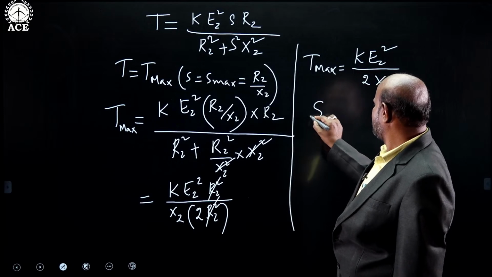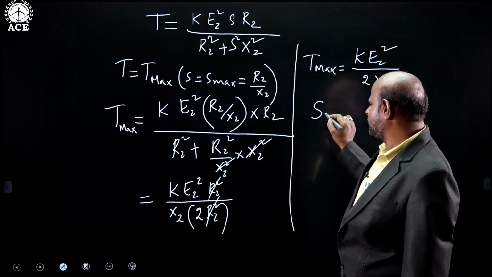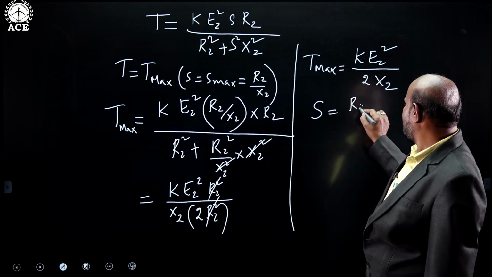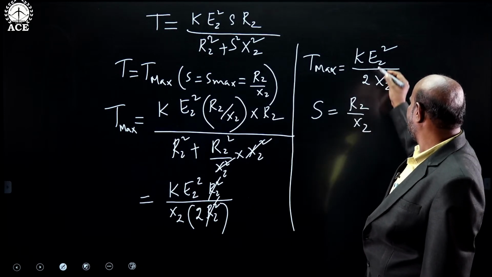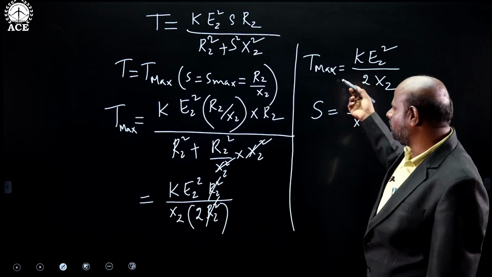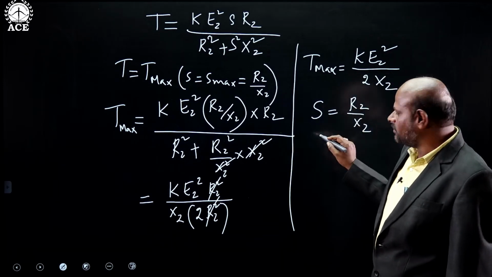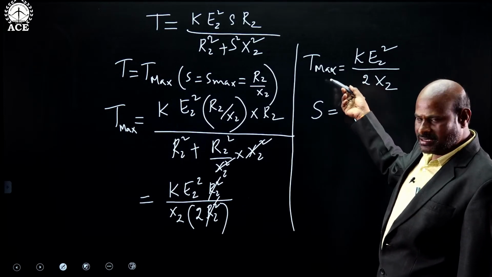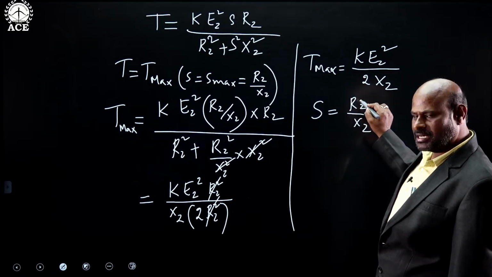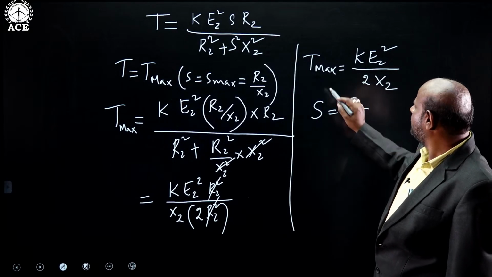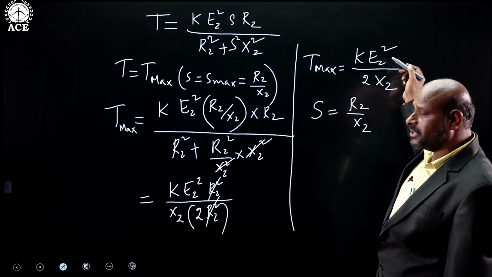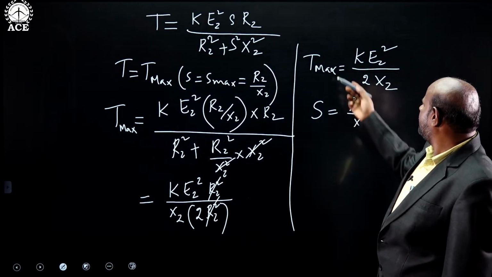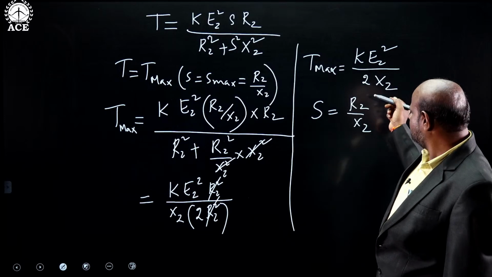Whereas the condition for maximum torque is at a slip R2 by X2, we are going to get the maximum torque. One important point you can note down is the slip at which the maximum torque occurs depends on the rotor resistance, but the maximum torque is independent of rotor resistance, and it is inversely proportional to reactance.